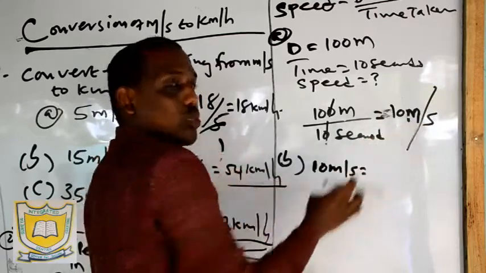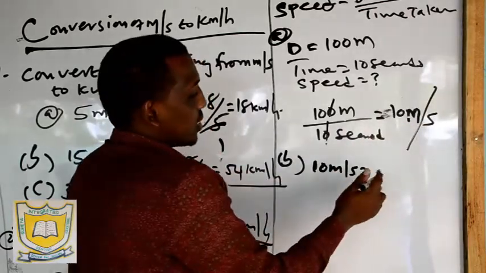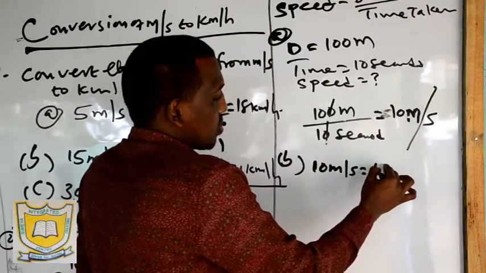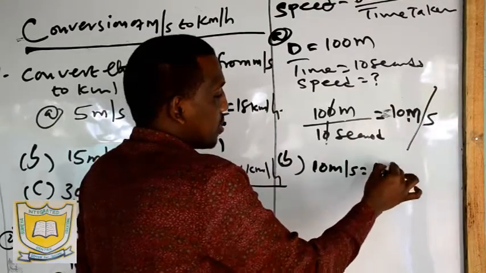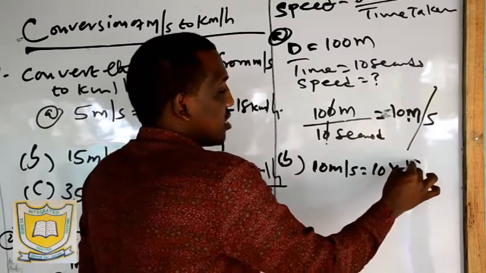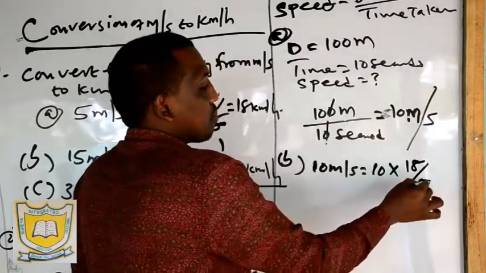So let us change it now, what we are learning this morning. So this is 10 meters per second. We are changing to kilometer per hour. You say times 18 out of 5. That was our formula.